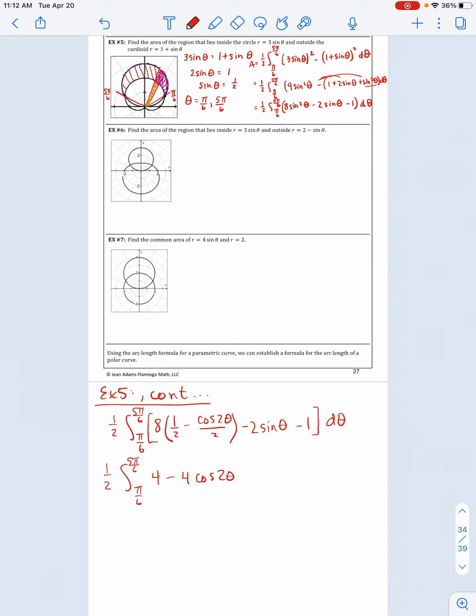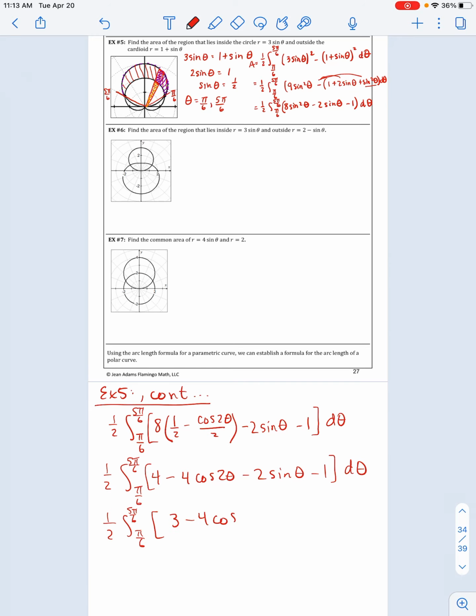So this is going to be 4 minus 4 cosine 2 theta minus 2 sine theta minus 1. And the 4 and the negative 1 can be added together.